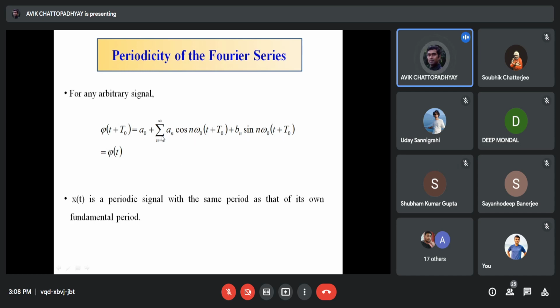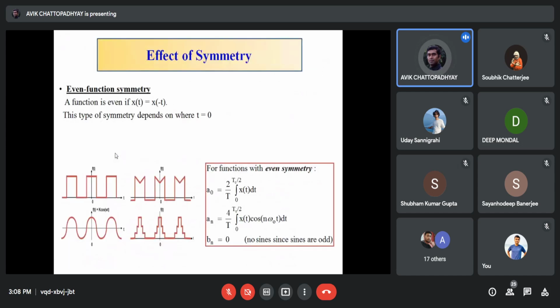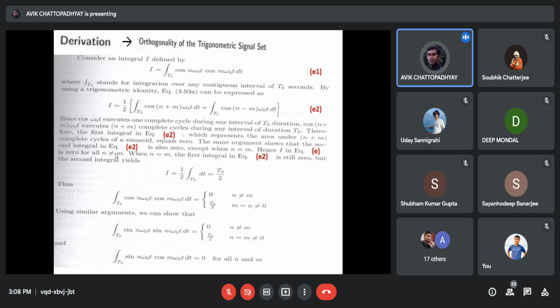So ultimately this reduces to x of t, the original periodic signal we are dealing with. This is nothing complicated; it is very straightforward, very simple, very obvious. That is the point: x of t is a periodic signal with the same period as its own fundamental period. I'm skipping the derivation; I'm not going into the derivations.